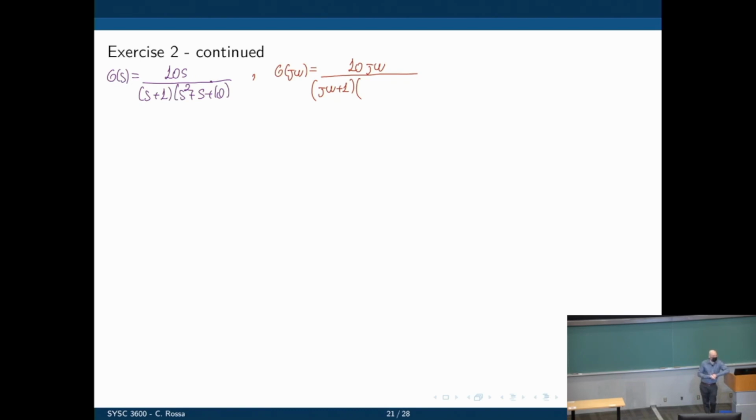It is negative omega squared, because the square root of negative 1 squared is negative 1. So negative omega squared plus j omega plus 10.